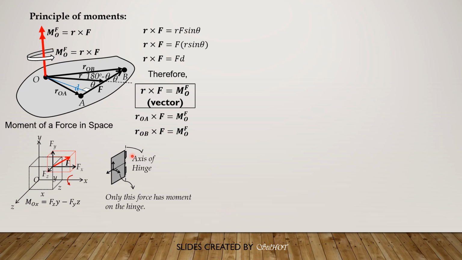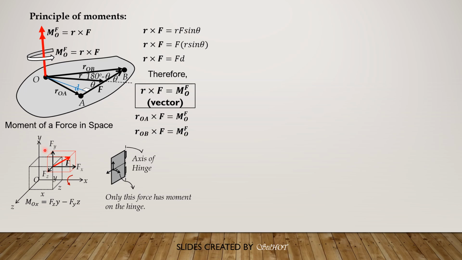So therefore, by this definition, moment about OX by scalar approach and using right thumb rule, so this is the positive sense, is equal to Fz is positive because it is the same sense as this, times y, then Fy is negative, so minus Fy times moment arm z.